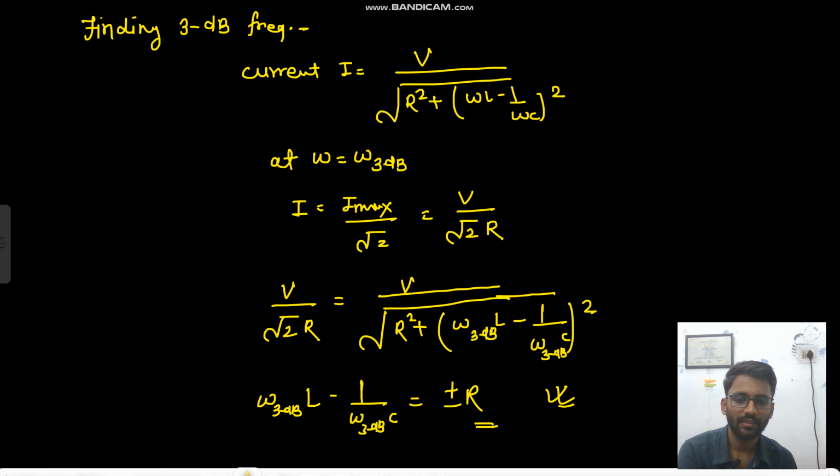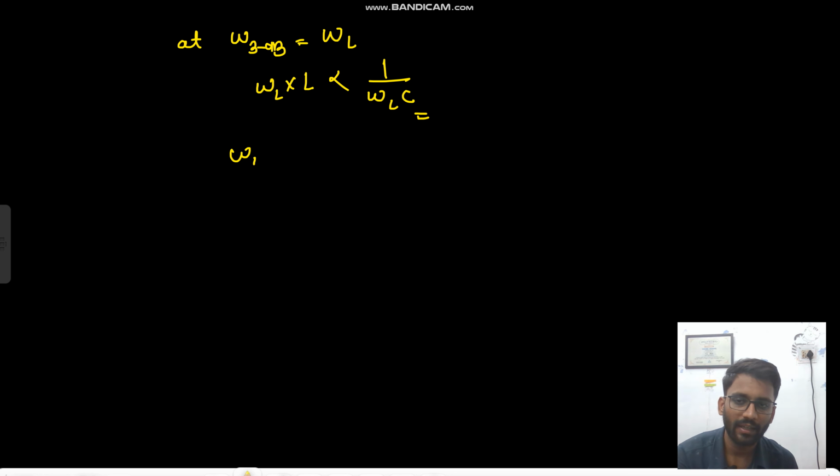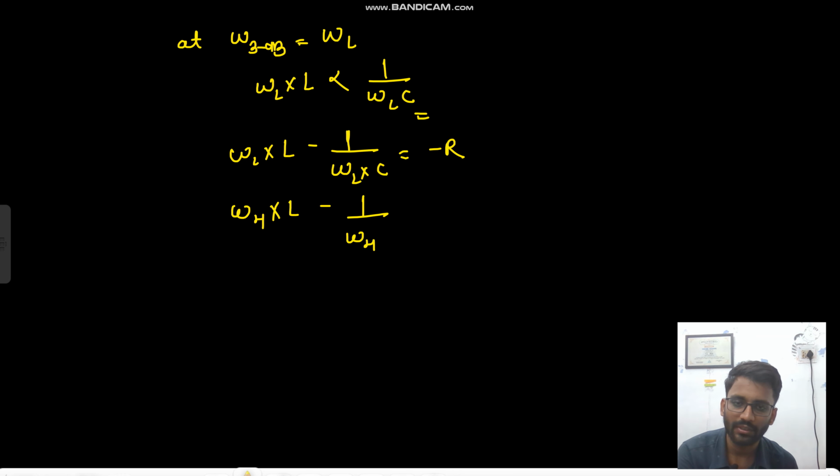This value is less, this value is more, so this will be equal to minus R. So omega L into L minus 1 by omega L into C equals minus R. And omega H into L minus 1 by omega H into C equals plus R.